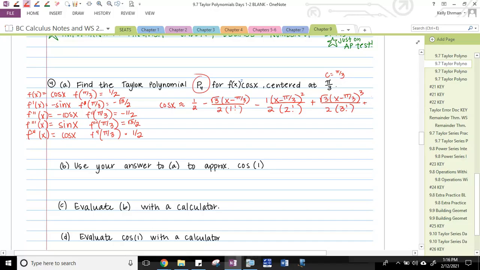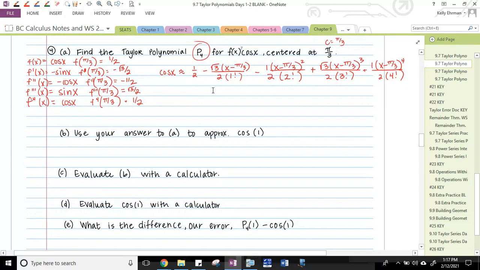And I'm almost out of room. 1 times x minus pi over 3 to the 4th over 2 times 4 factorial. You are never required to simplify these. This doesn't actually simplify really, besides maybe taking the ones out. But you would never need to multiply the denominators through unless you're just searching for your answer in multiple choice.